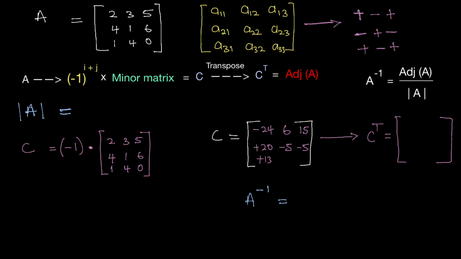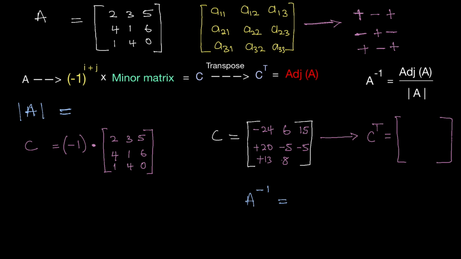Now I need to find C32. That's 3 plus 2, and minus 1 to the power 5 is minus 1. That is minus 1 times element 4, horizontal line, vertical line. The minor matrix determinant will be 6 times 2 minus 4 times 5, 12 minus 20, which is minus 8. Minus 1 times minus 8 equals plus 8.